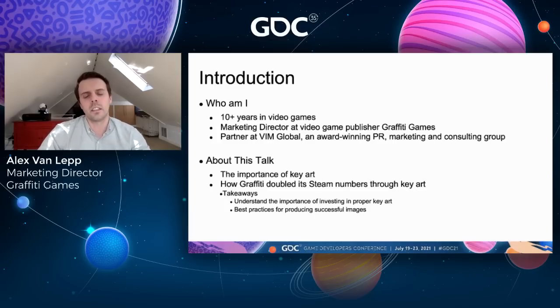So this talk is going to share the effectiveness of good key art and why your studio should invest money and resources to ensure that your banners are attracting and converting people into visits, wish lists, and ultimately sales.